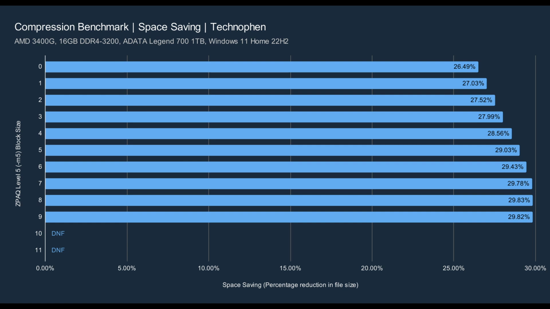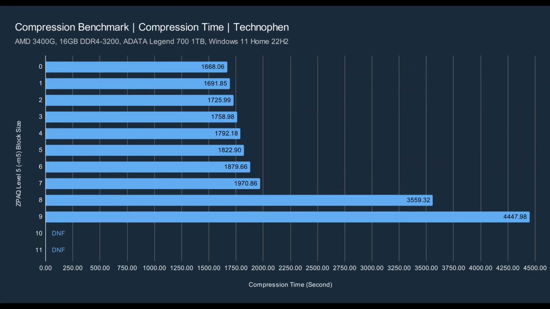And the last level, level 5, we begin the chart with 26% space saving. We were getting better and better results until we hit block size 10 and 11. The memory requirements for these levels were so enormous that our 16GB kit just couldn't handle it, and they failed to finish.